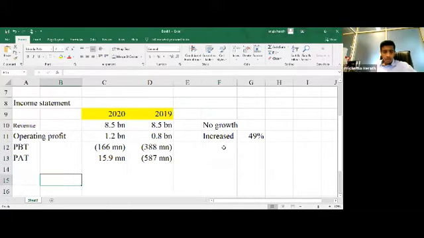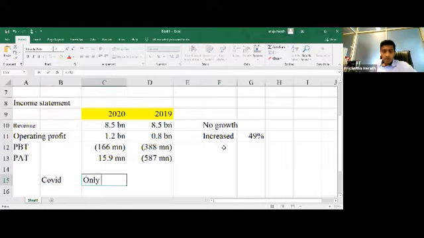We need to understand the business environment. Otherwise, we can't analyze financial statements: how they made profits, why they couldn't increase their revenue, and how they improved profitability. You need to understand the business environment in that year. One factor is COVID, but the impact is only for 15 days in this year.